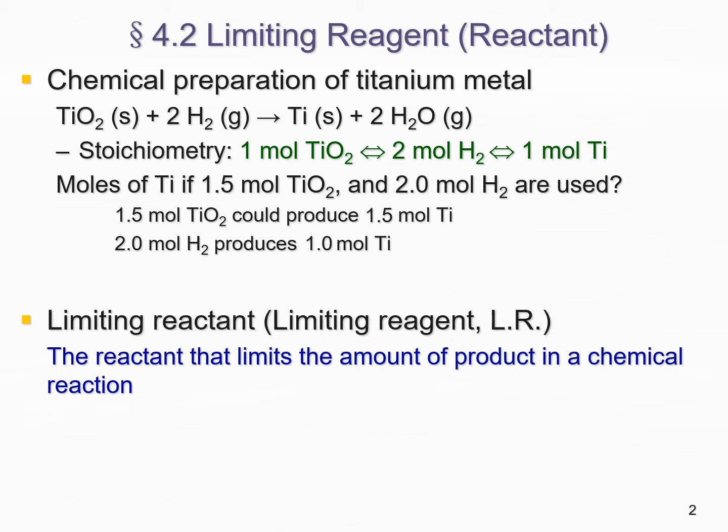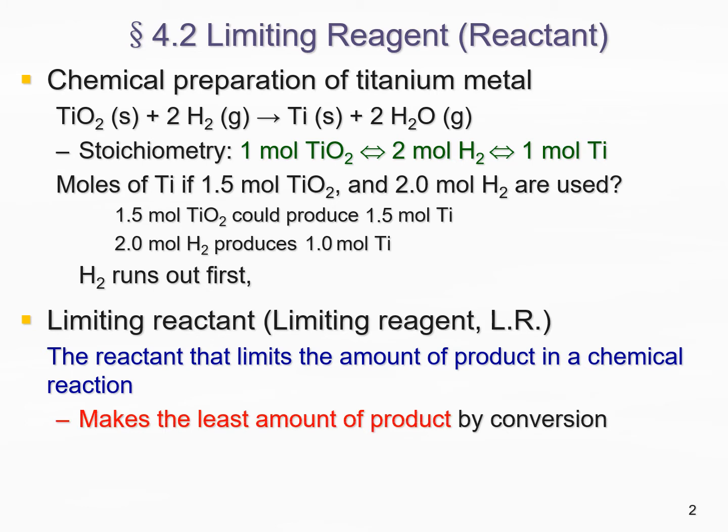Which one should we pick? As we realize, hydrogen runs out because it produces the lesser amount. Since hydrogen runs out, when the reactant is gone, the reaction stops. So we know the limiting reactant is hydrogen. It makes the least amount of product by conversion.